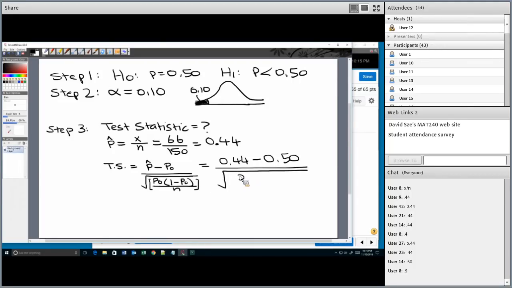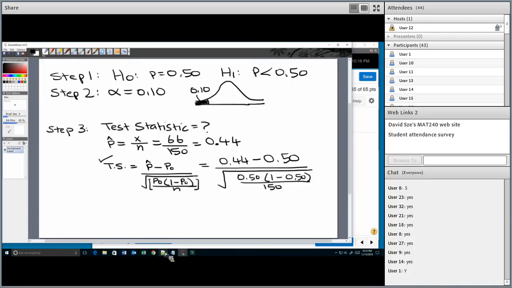In the denominator, we again have p naught, which is 0.50, multiplied by 1 minus p naught, so that's 1 minus 0.50, whole thing divided by n, and n is given in the problem as 150. Do you all agree I can get to a value here? It's just arithmetic now. All I have to do is find the numerator and denominator, divide them, and get the answer. So this is how you calculate the test statistic.